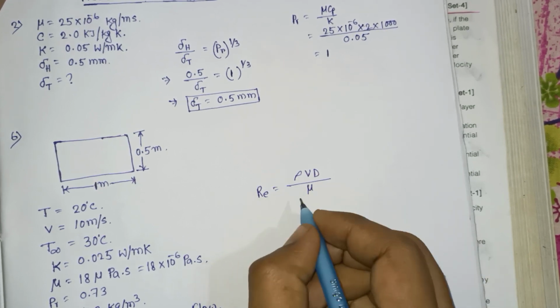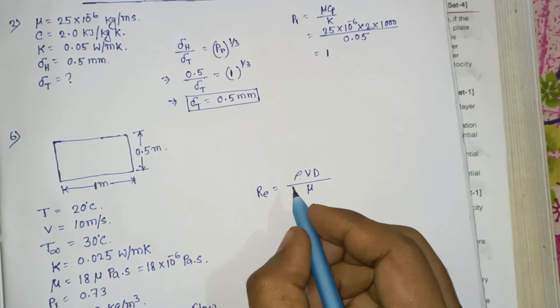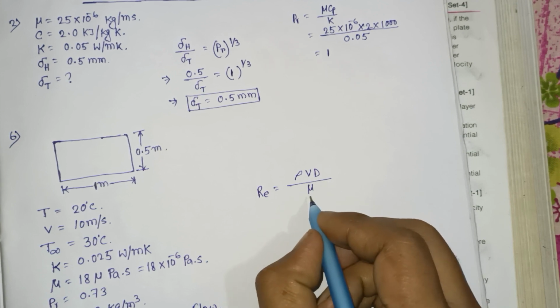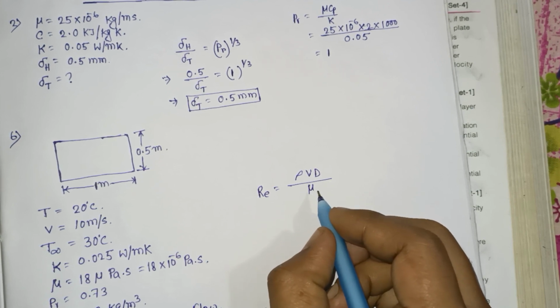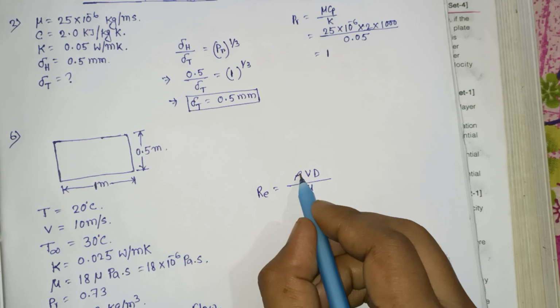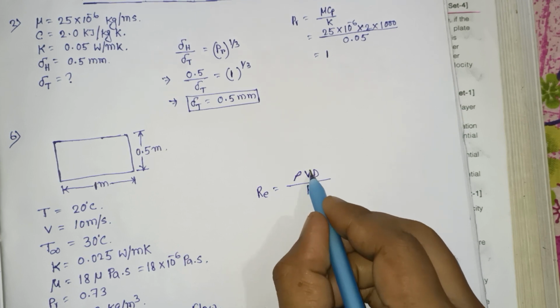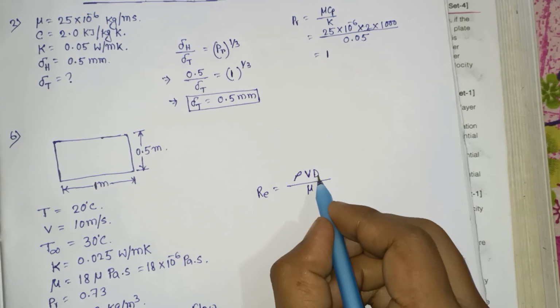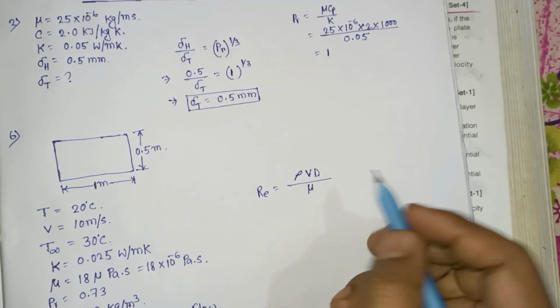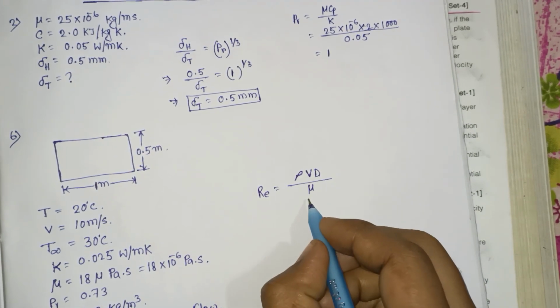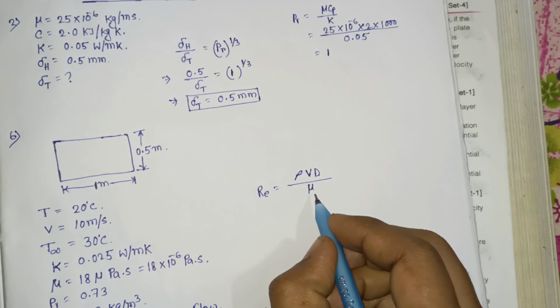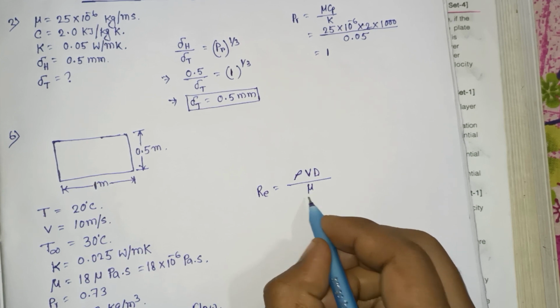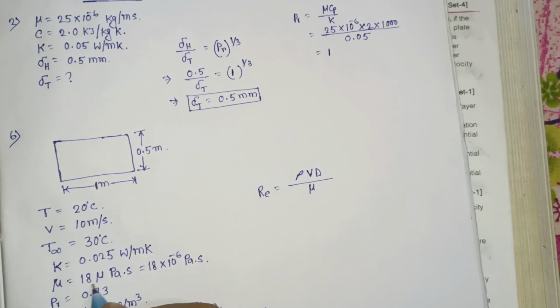This is the important formula. Here rho is density, v is the velocity, d is the equivalent diameter of duct, and mu is the dynamic viscosity, which is given.